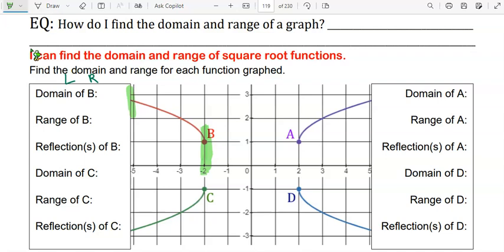The left side looks like it is going off the page, so we can assume that is going to negative infinity. On the right side, x stops at -2. So the domain of B is from negative infinity to -2. We put a bracket where the -2 is because that's included in our domain.